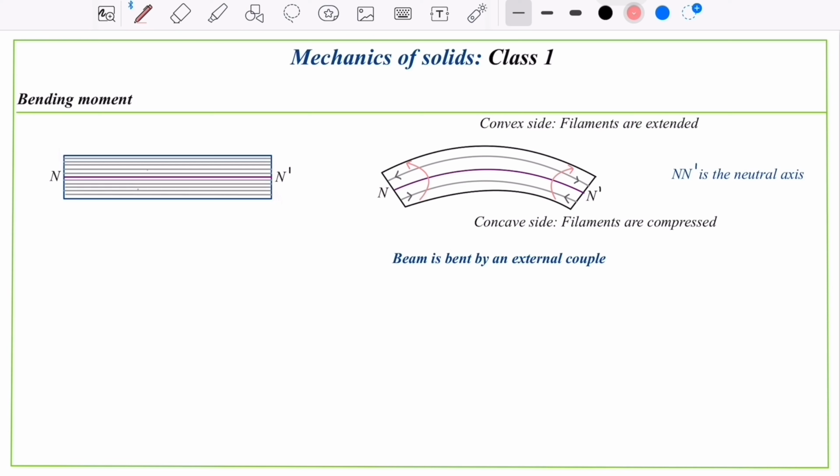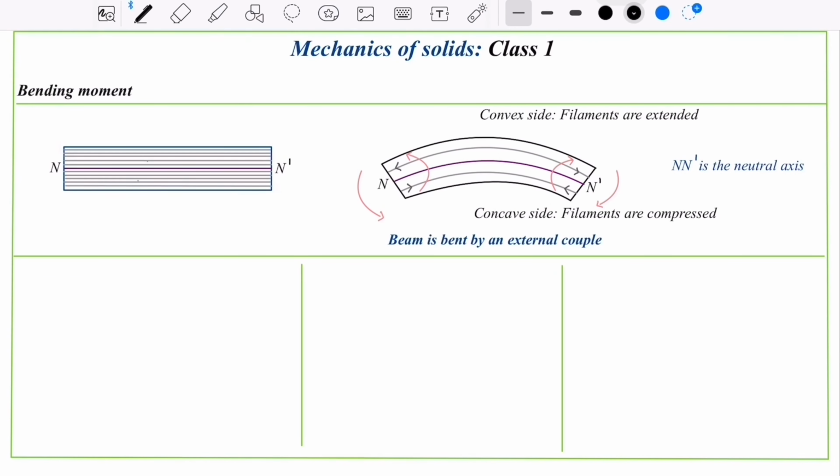Why the torque is created? The torque is created as a result of the couple which is acting on both the right side and left side of the beam. So what is the result?